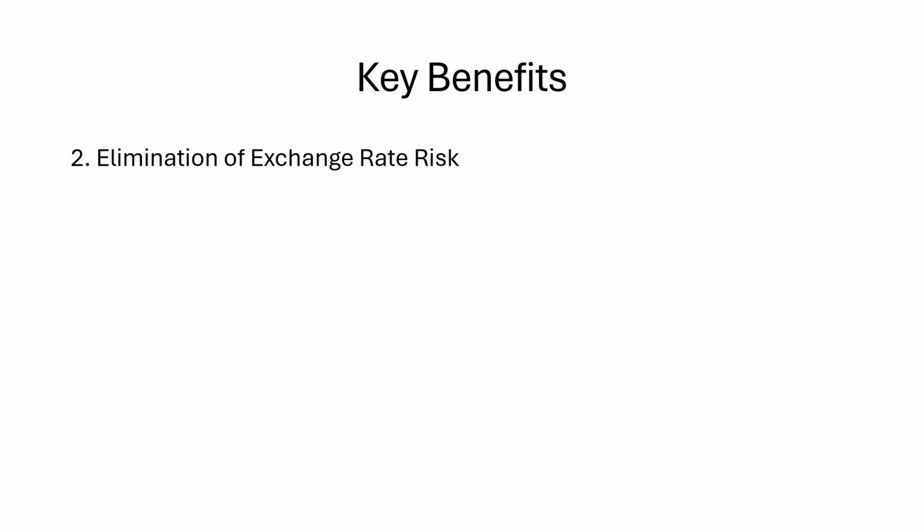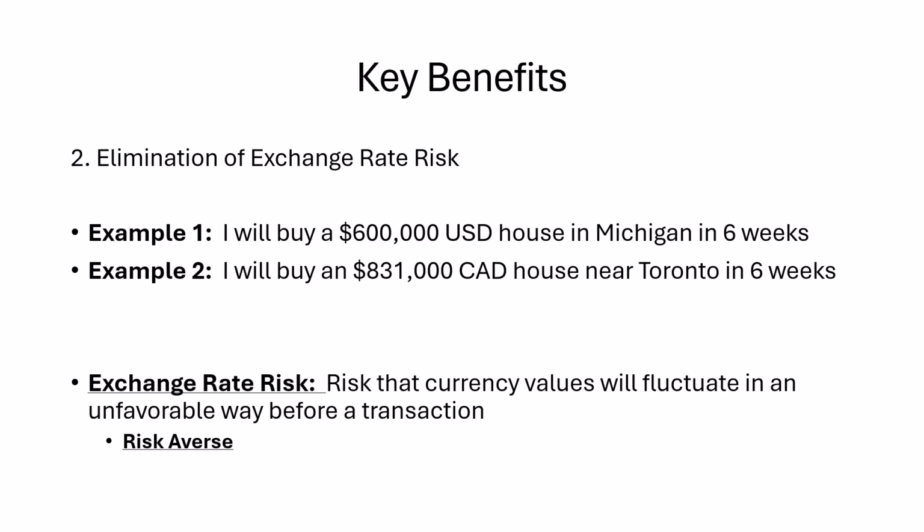Second, a more complicated effect of a unilateral currency is that it eliminates exchange rate risks, okay? So to try to explain exchange rate risk here, let me give you this little example that will hit home for a U.S. citizen. Let's say that I'm thinking about moving up north, either to Michigan or Toronto. Okay, now obviously Michigan's in the United States, Toronto is in Canada.